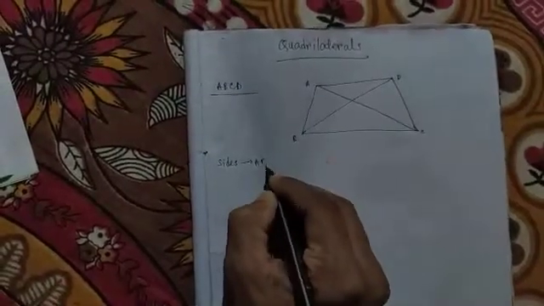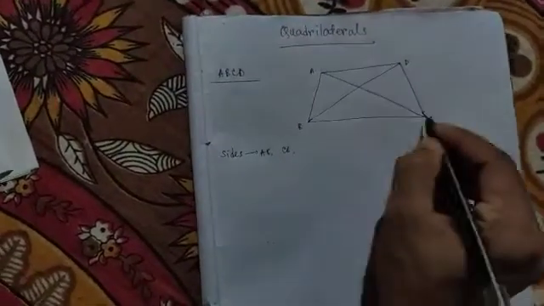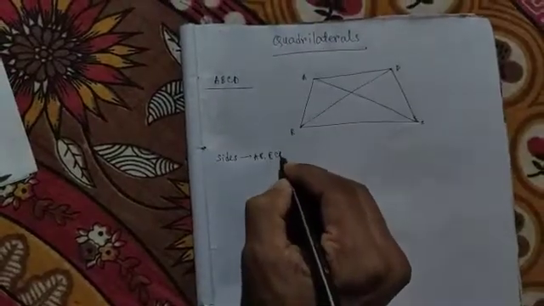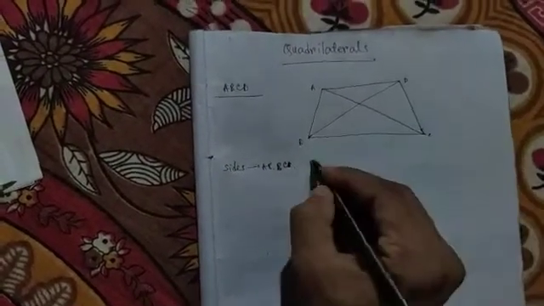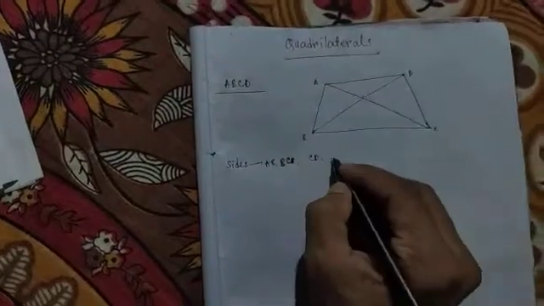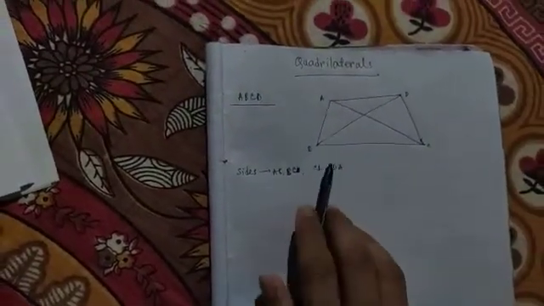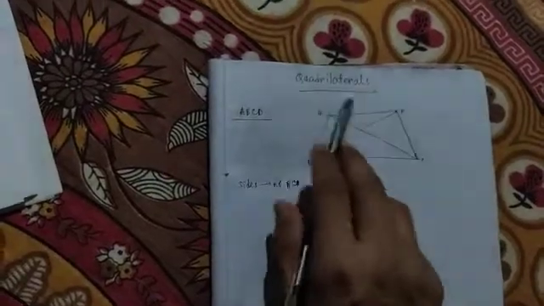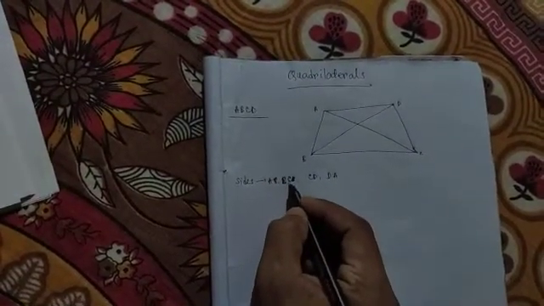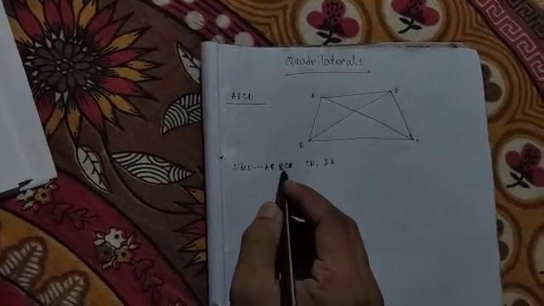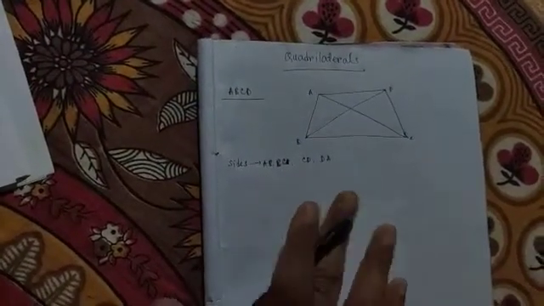AB, BC, next CD and DA. You can also say AB, BC, CD, AD, whatever. When you are writing line segments, you can interchange the vertices, no problem.